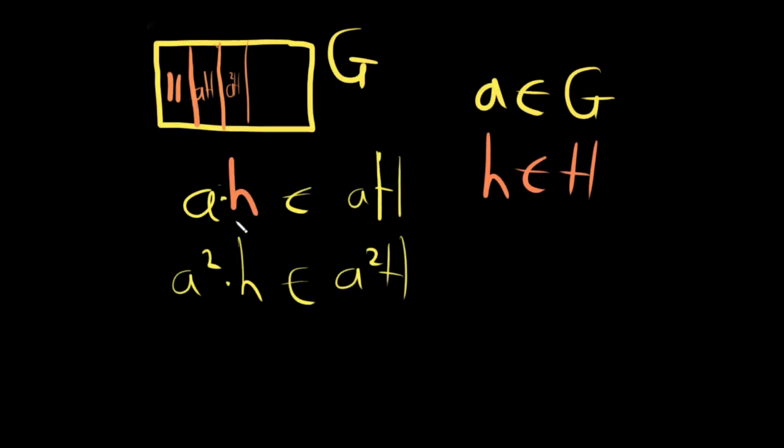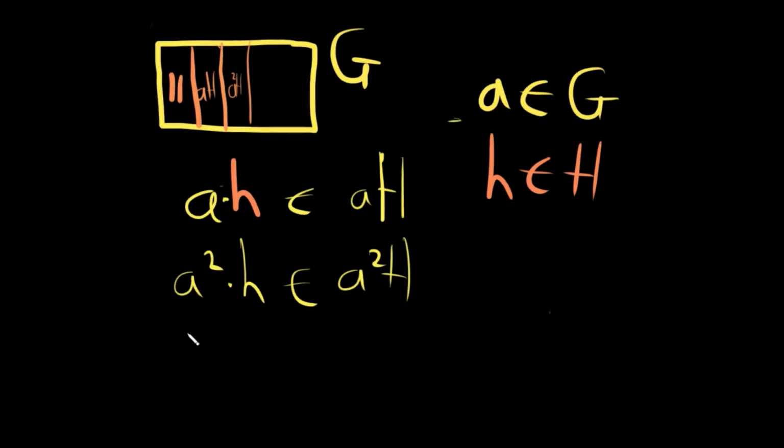They're all equivalence classes of G. We've discovered that the cosets of H partition G into equivalence classes.